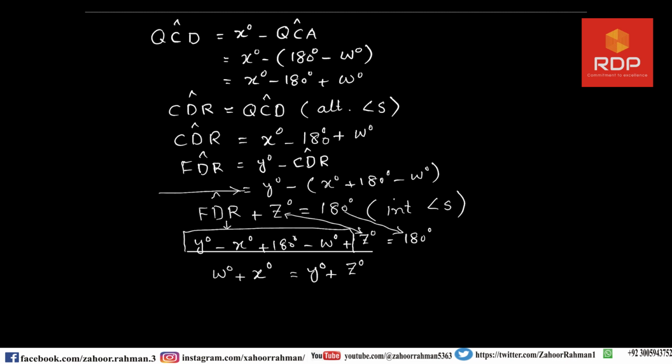We can get this from this, because this 180 will be cancelled with this 180 degree, and if we shift this and this to the other side and rearrange it, that will be positive x, which is this one, and positive w, which is this one, and y degree and z degree will remain in their place.